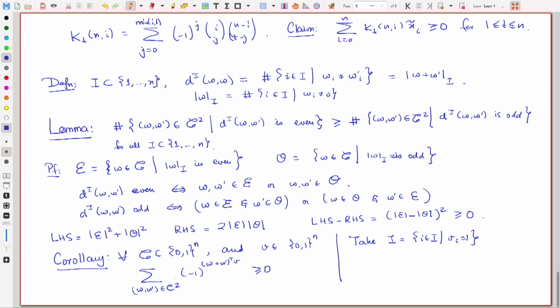Okay, so with this we are ready to finish the proof. So, what we have is this, right. Now we will just sum over all vectors v.